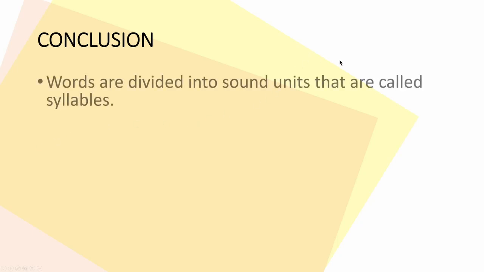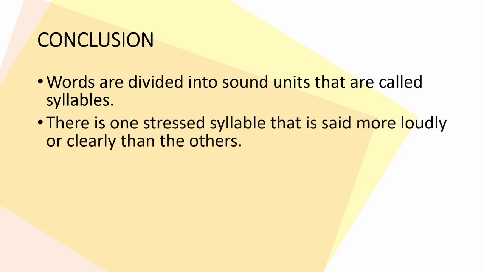In conclusion, words are divided into sound units that we call syllables, right? And some words can have one syllable, and some words can have many syllables. And it's not exactly the same as a letter, right? It could be a combination of letters, or it could be a single letter. So we're going to have one stressed syllable that's said more loudly and clearly than the others.